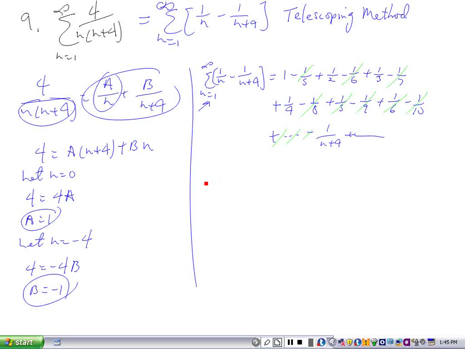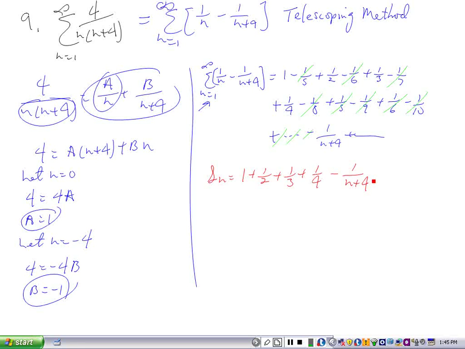So we say that the sequence of n terms looks like this. 1, that's what we have left, plus 1 over 2, plus 1 over 3, plus 1 over 4, and then minus 1 over n plus 4.